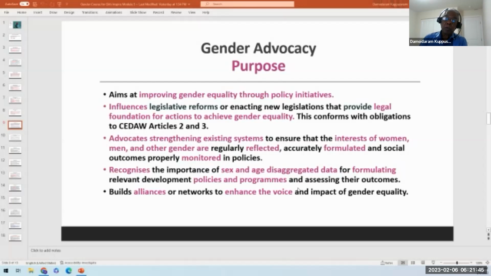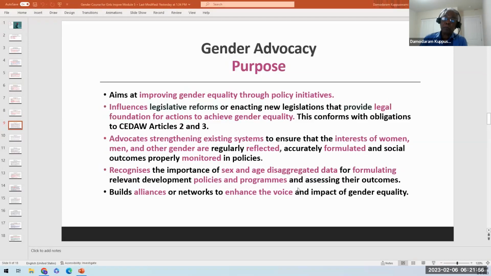Our role is to stand with them. In that, as civil society and other people, how do we join? How do we express our solidarity? So gender advocacy invariably involves an alliance with different actors.